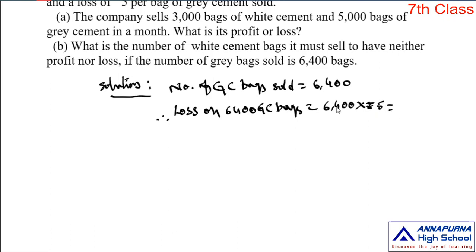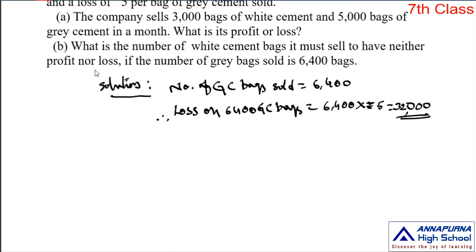So 6,400 into 5. 5 zeros 0. 5 zeros 0. 5 fours 20, 2 is there. 5 sixes 30 plus 2, 32. Therefore, what is the loss on selling 6,400 grey cement bags? 32,000 rupees loss.